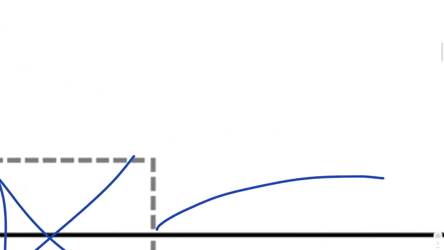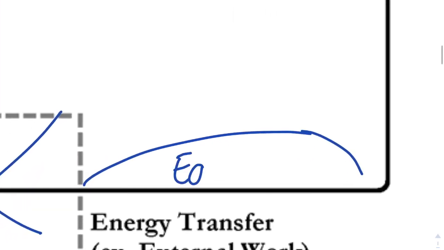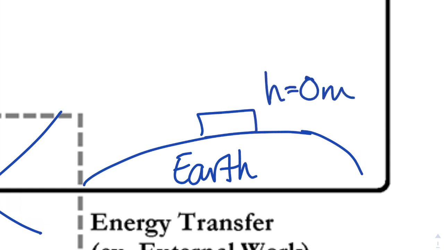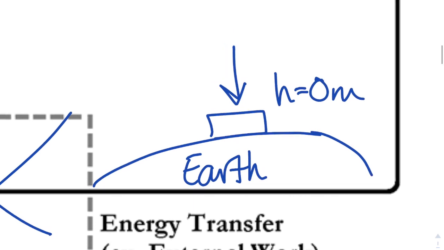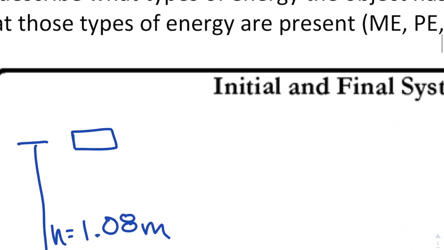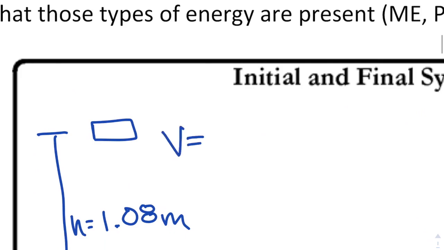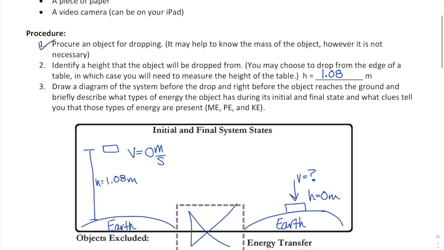We're going to ignore air resistance. Again, earth in the system. Our monkey ended on the ground at a height of 0 meters, and our monkey was going downwards. Over here, our monkey was not dropped yet, so there was no velocity.